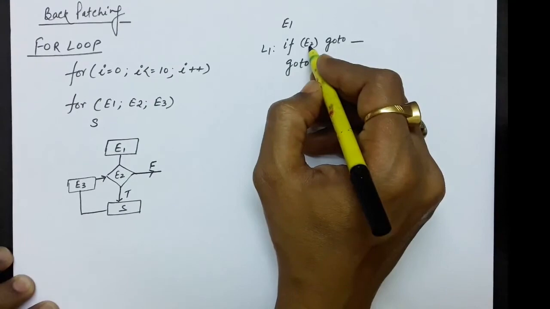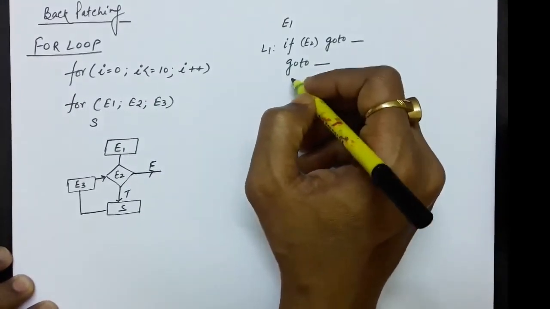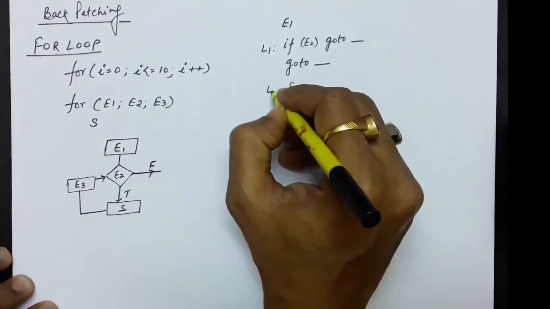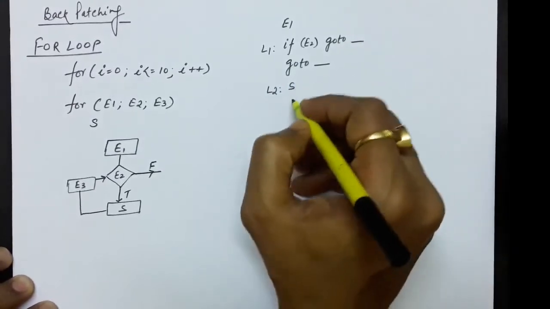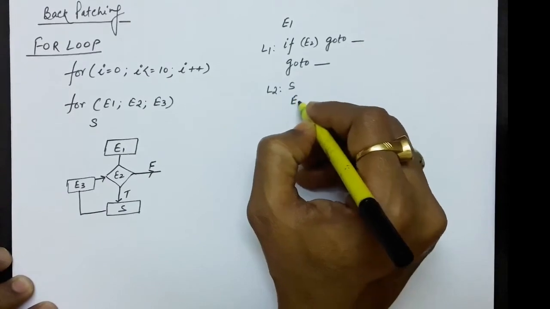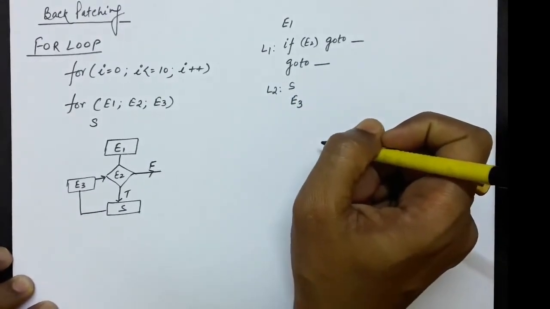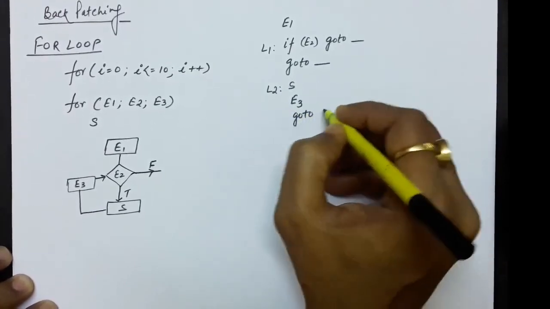Okay. Now, if this condition is true, we are going to execute the statement which is S. Let's say this statement is at the L2 level. After executing this statement, we need to do the increment or the decrement part, which is E3. After doing so, we will go to the condition check once again.